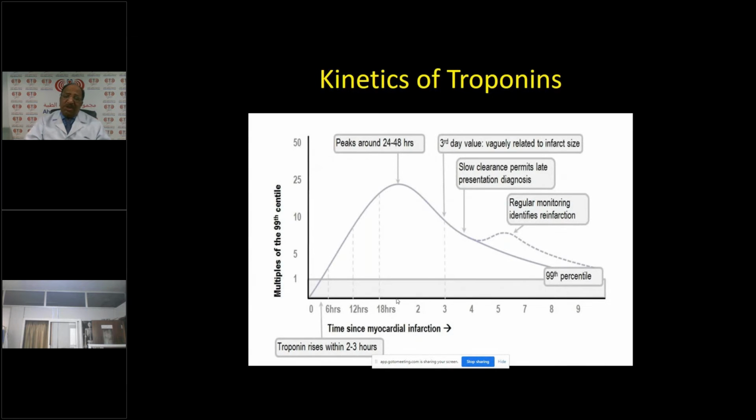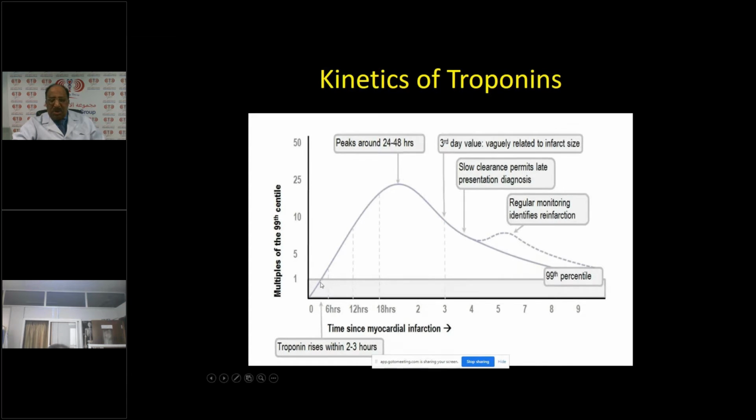Now, troponin levels are not static. It rises to above cutoff levels, that is the 99th percentile levels, within 2 to 3 hours, usually 3 hours, and then reaches a peak at 24 hours, and then gradually goes down and takes about 9 to 10 days to come back to normal.